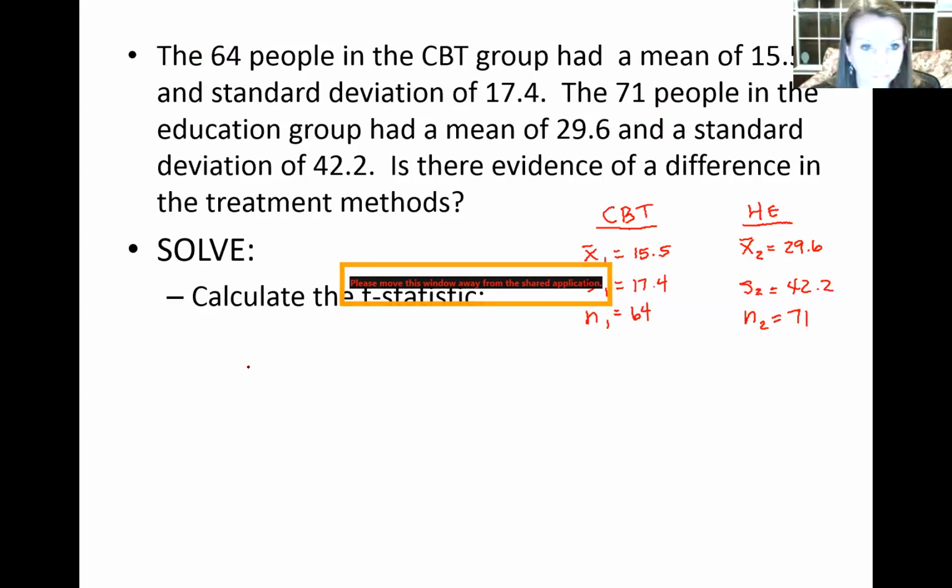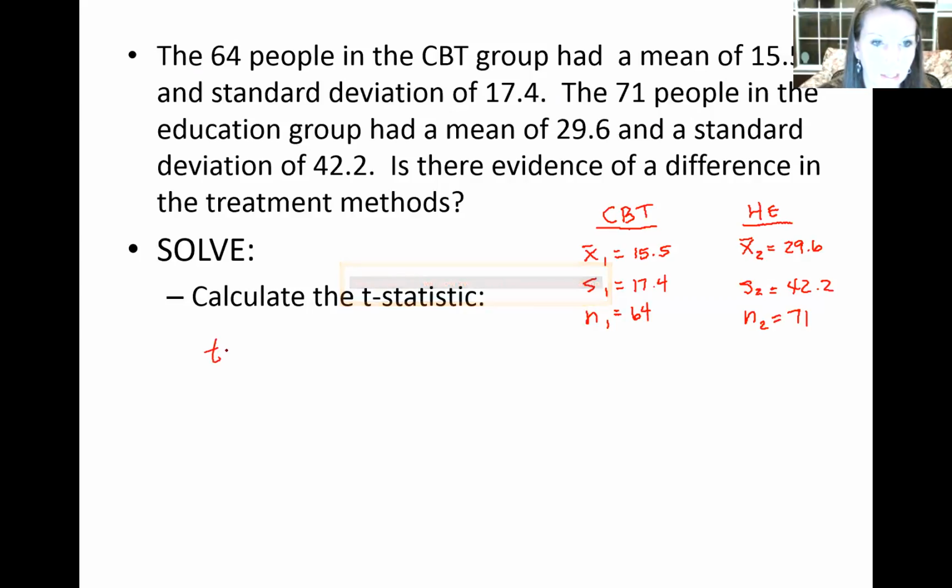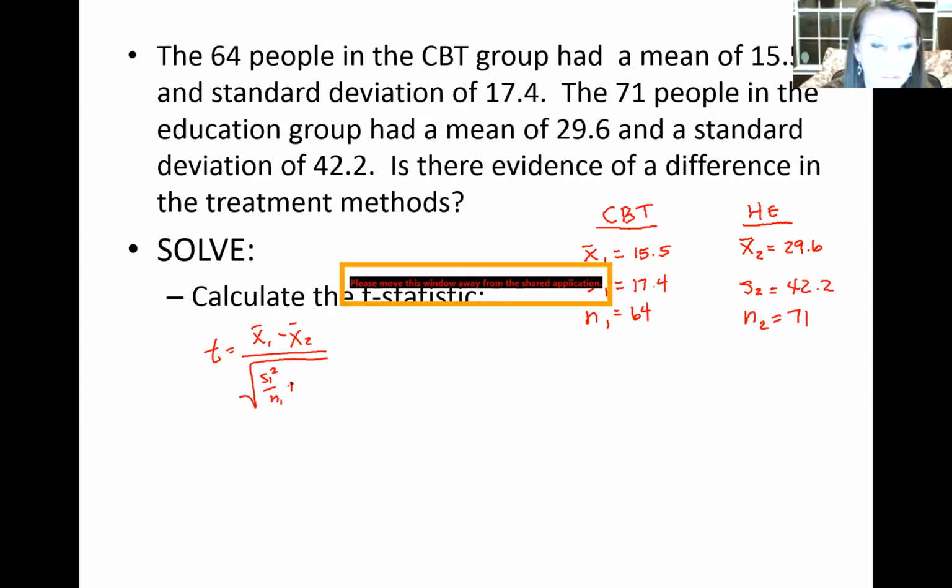All right, so next we're ready to calculate the test statistic. This is a t test statistic, and t is equal to x bar 1 minus x bar 2 divided by the square root of s1 squared over n1 plus s2 squared over n2. Looking at my numbers, I can plug in everything I know.